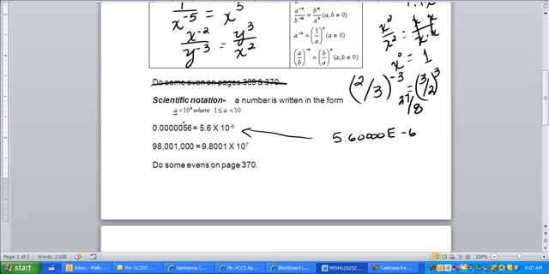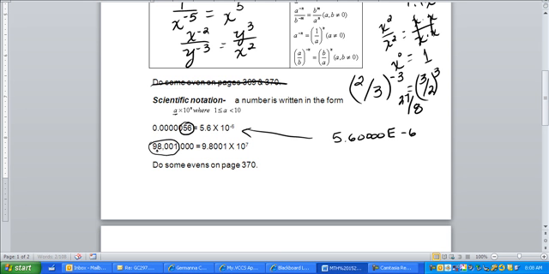So notice what we're doing: if we're starting with this decimal number and we want to write it in scientific notation, we take the non-zero part and we place the decimal so we have a number between 1 and 10, including the 1 but not the 10. We did the same thing here. Here's the non-zero part. You have to include the zeros that are in between. So the only place to put the decimal is right there.